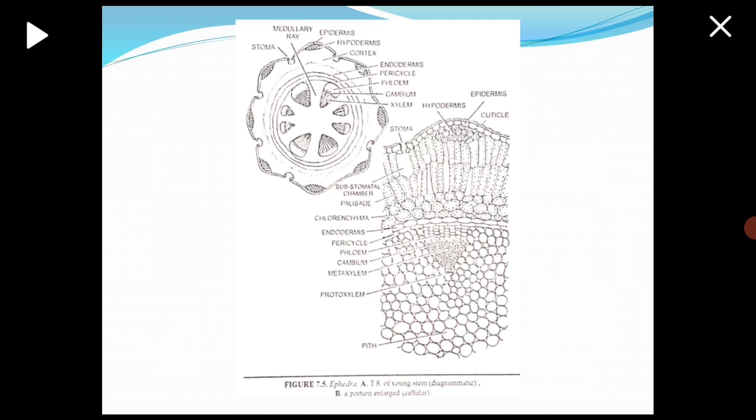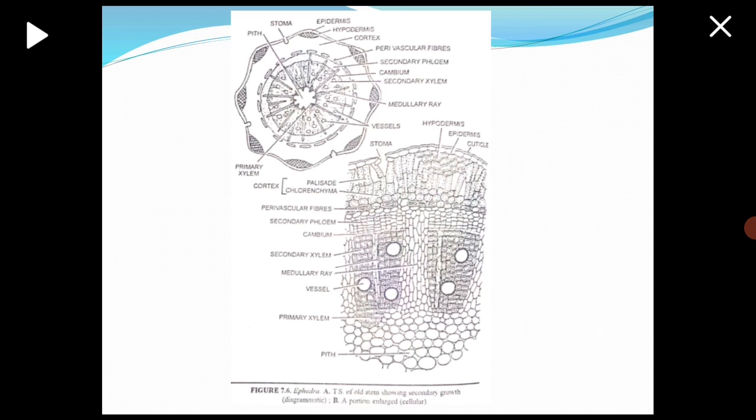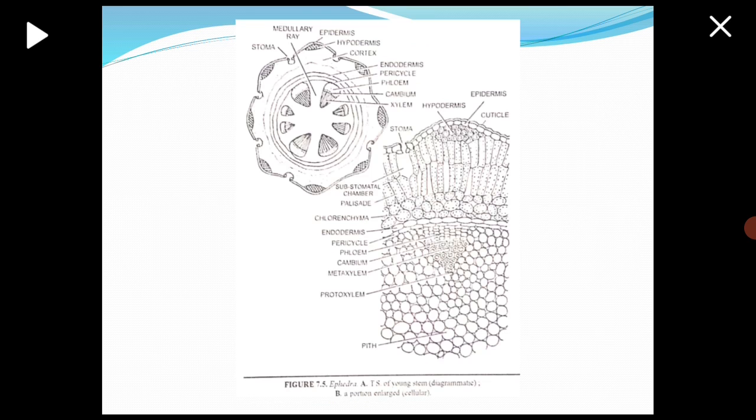Inner to the hypodermis is the cortex. Cortex is differentiated into an outer 2 to 3 layered outer cortex consisting of palisade-like cells and an inner 2 to 3 layered inner cortex consisting of spongy parenchyma.